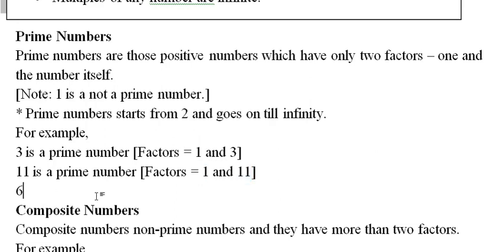Now 6 has the factors 1, 2, 3 and 6, isn't it? You can see here that 6 has 4 factors. Hence we cannot say that 6 is a prime number. Prime numbers are only those numbers which have two factors, that is 1 and the number itself.